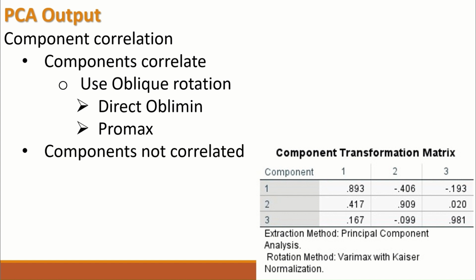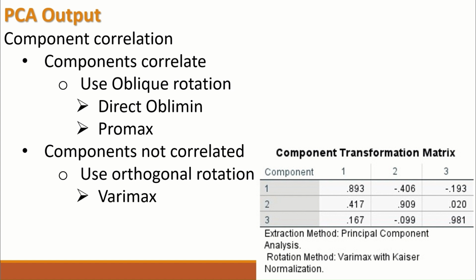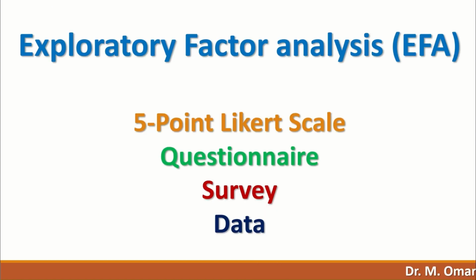When the components are not correlated, then use orthogonal rotation, such as Varimax, Equamax, and so on. And how do we determine the cutoff point for correlation or no correlation? A value of correlation between two components of greater than 0.32 indicates correlation between the components.